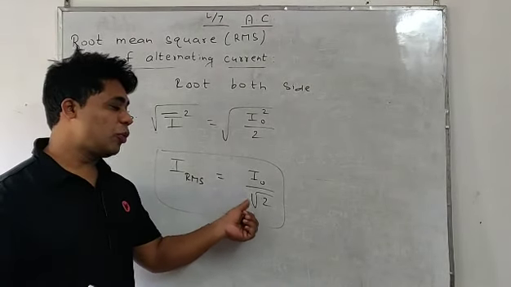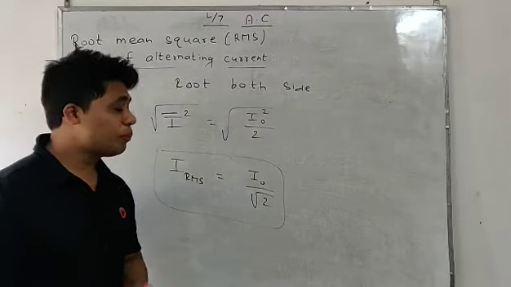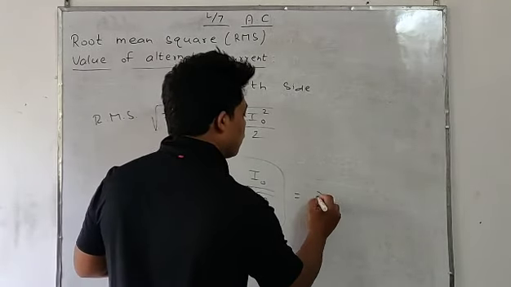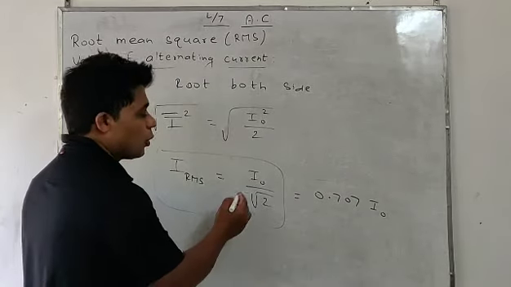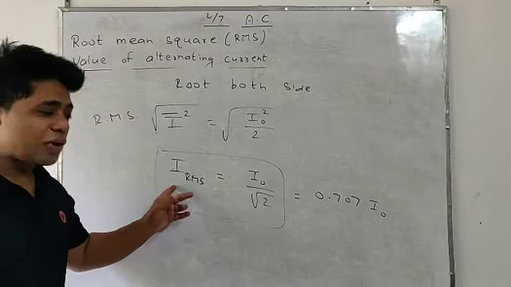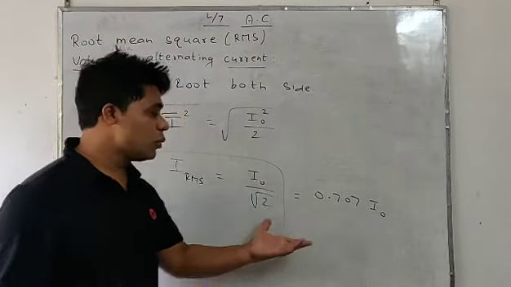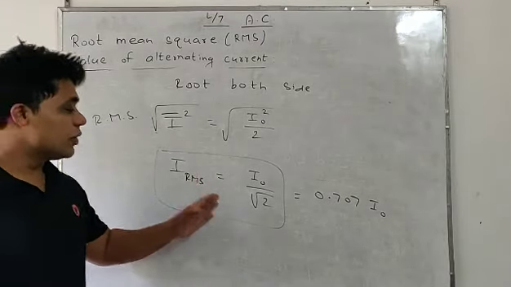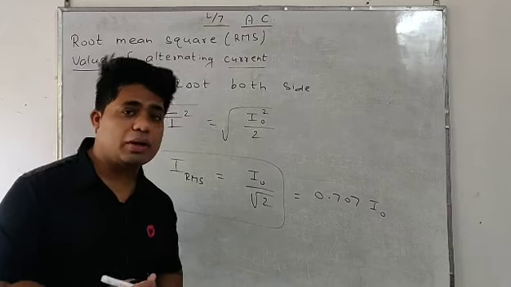I RMS is 1 upon root 2 times its peak current. I RMS is I naught by root 2. Further we can write 0.707 times I naught, because 1 by root 2 means 0.707. It means the RMS value of current is 0.707 times its peak current. Okay, that is one of the most important relations, and this is the form of the RMS value of alternating current. Okay, students.